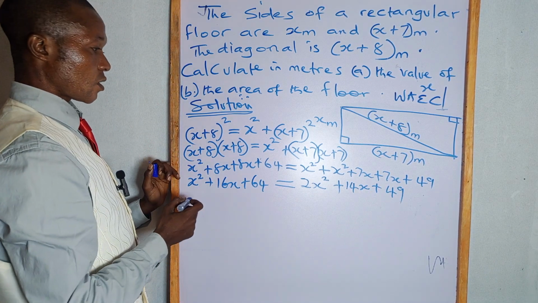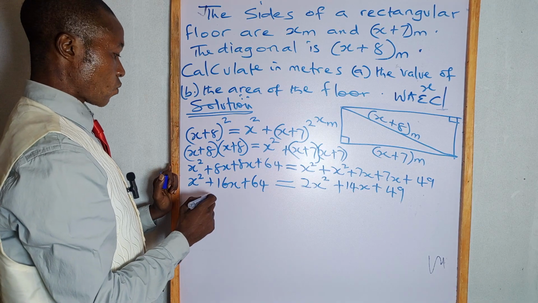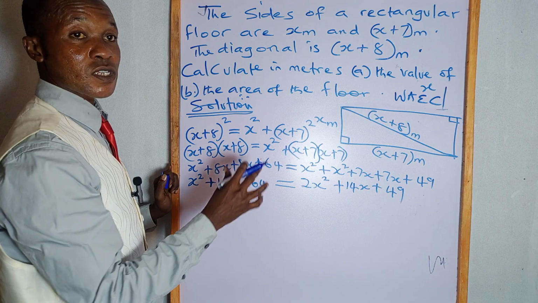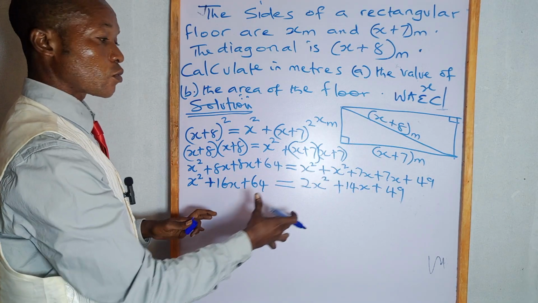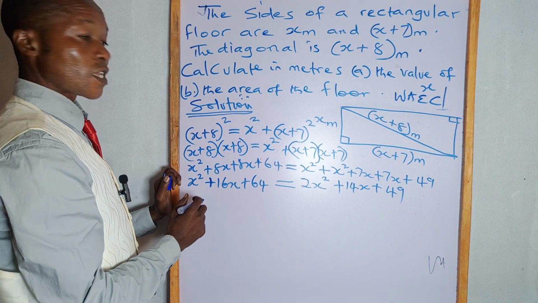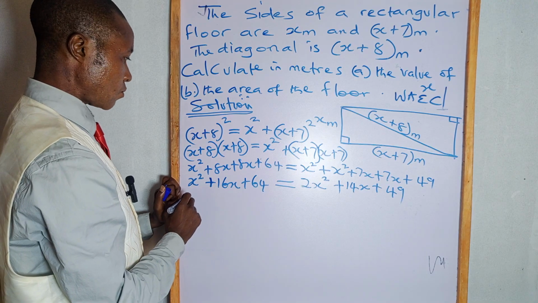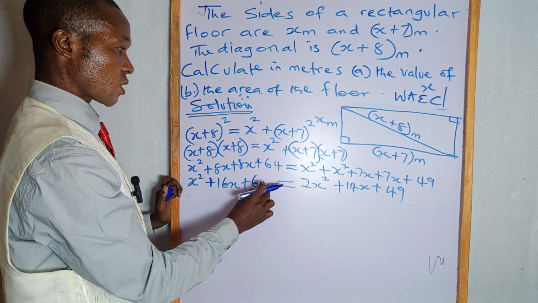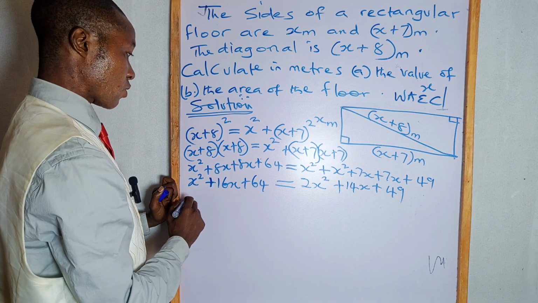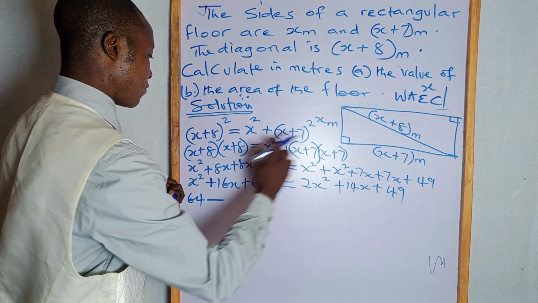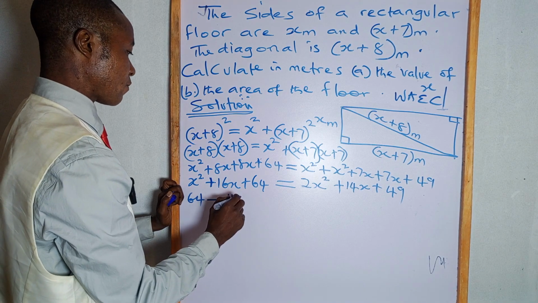So here we collect like terms. Collecting like terms means we move those that belong to the same group to the same side. Here we have x squared, and those without coefficients of x, we have 64 here. 49 will travel back home to come and meet 64.